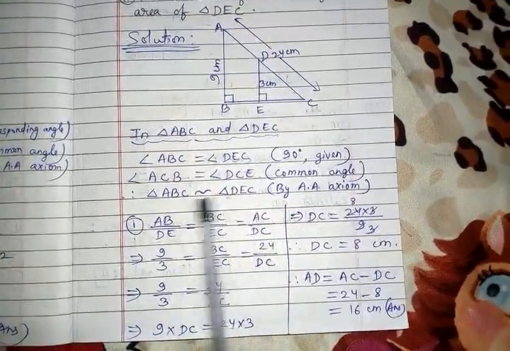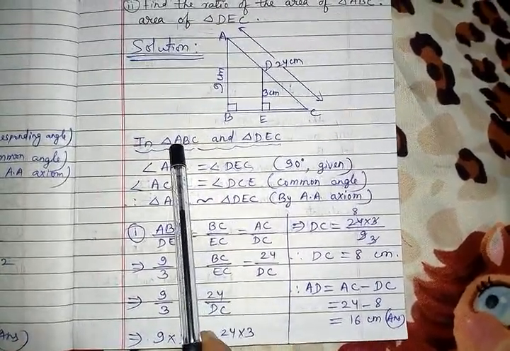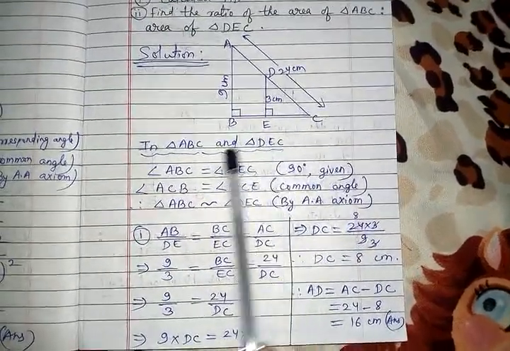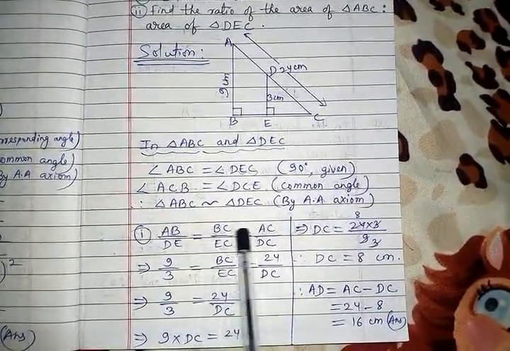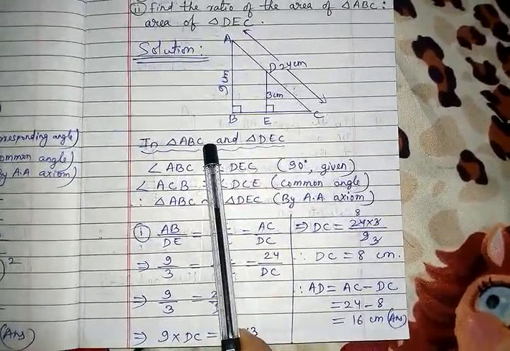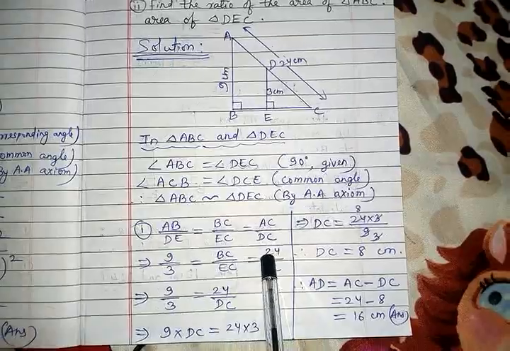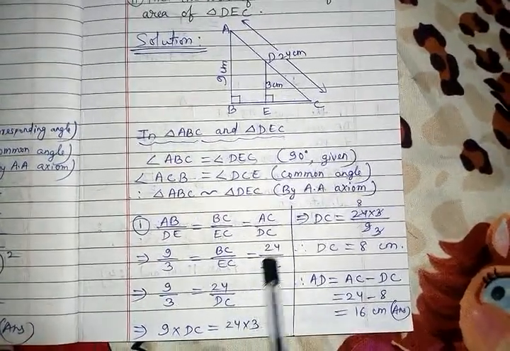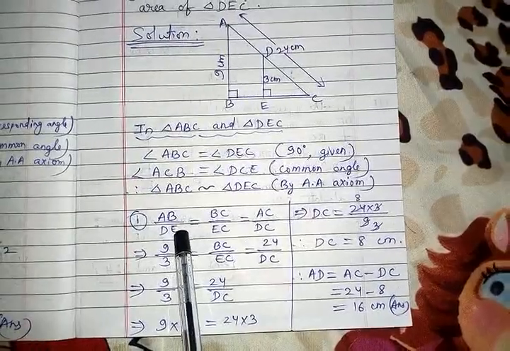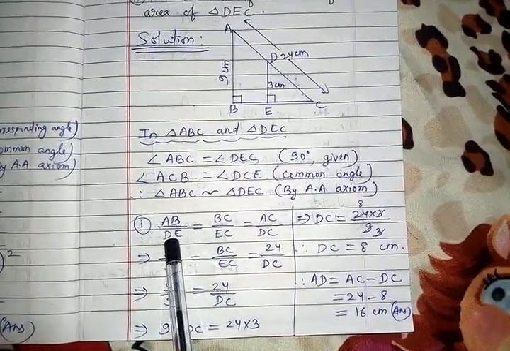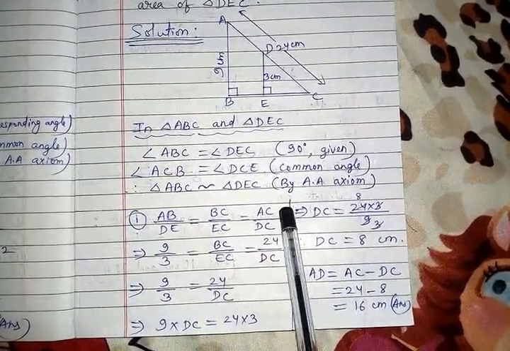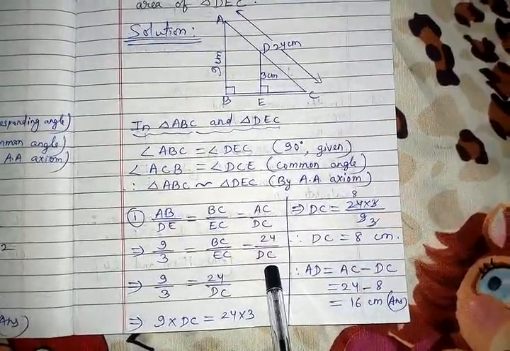This particular ratio formula comes from the name itself. If I take AB, I have to take DE. So AB by DE, BC by EC, and AC by DC. So the name itself hides the formula. After that we put in the values. AB is 9 from the diagram, DE is 3 centimeters, BC by EC is not given, AC is 24, DC is not given.